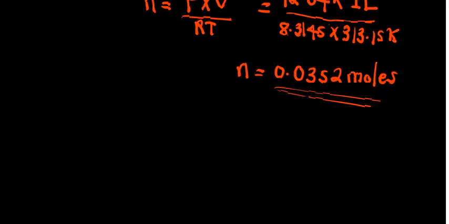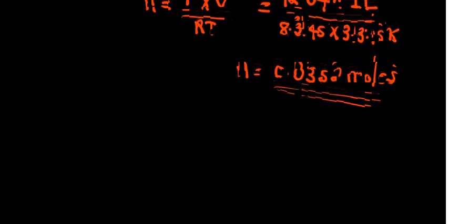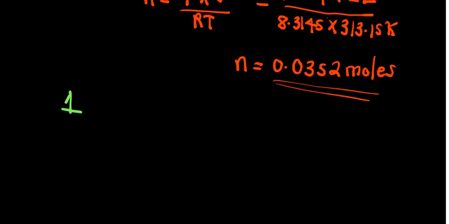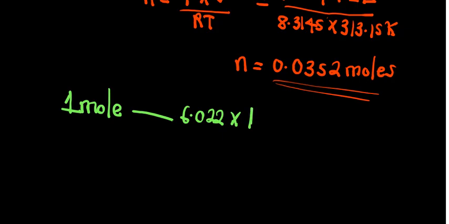The other thing that we have to do here, using Avogadro's constant, is that 1 mole of a substance is equal to 6.022 times 10 to the power 23 molecules. What moles are we going to have here?